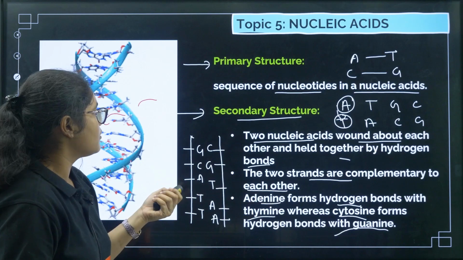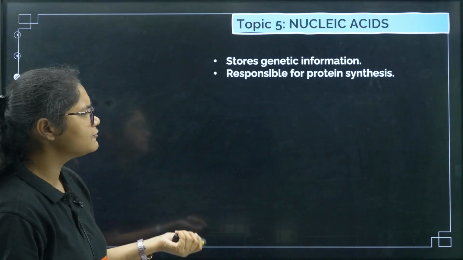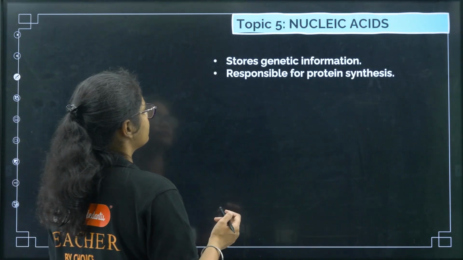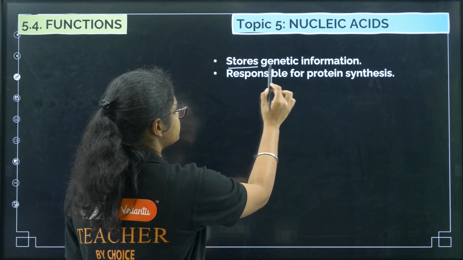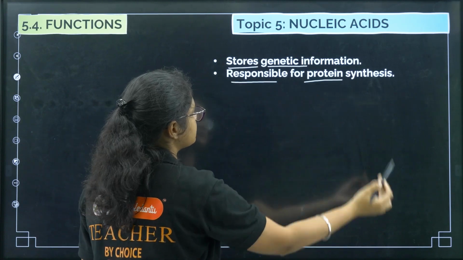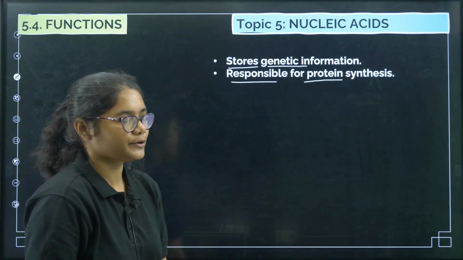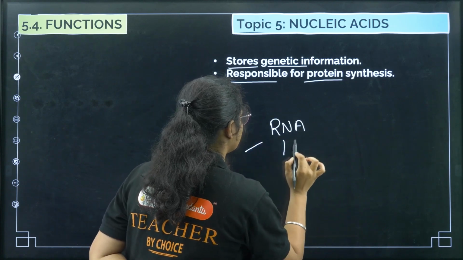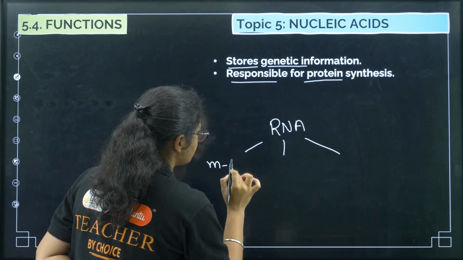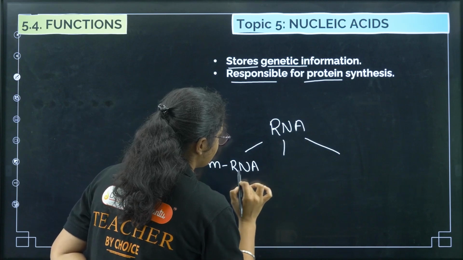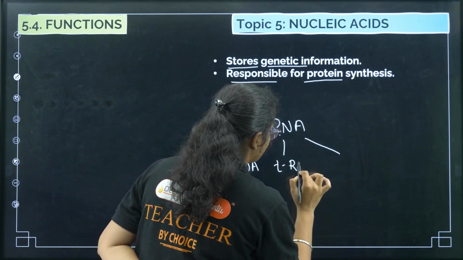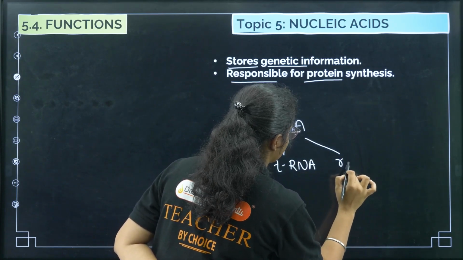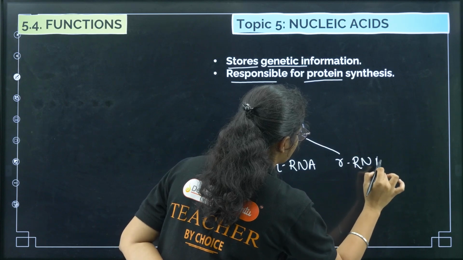Now coming to functions of nucleic acid. They store your genetic information and are responsible for protein synthesis. Now there are some types of RNA also, and you just need to know the names. We have mRNA, that is called messenger RNA. Then you have tRNA, that is transfer RNA, and then you have rRNA, that is ribosomal RNA.